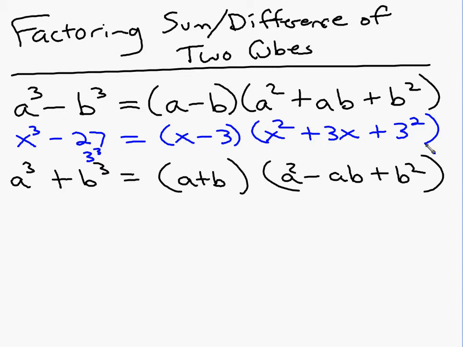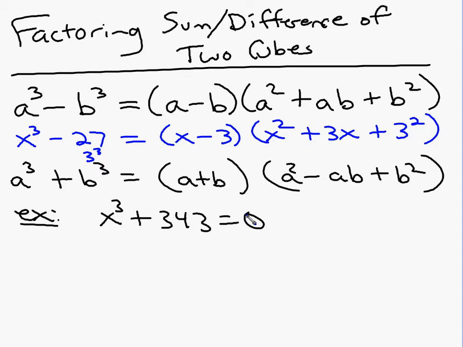Okay? So that's how we use these formulas, and I could do the same thing with the sum of two cubes. So let's go straight to an example where we're solving an equation like that, like x cubed plus 343 equals 0. Now this is why I had you get your root sheet out, because you have to be able to recognize perfect cubes.